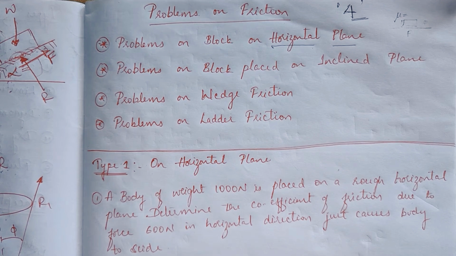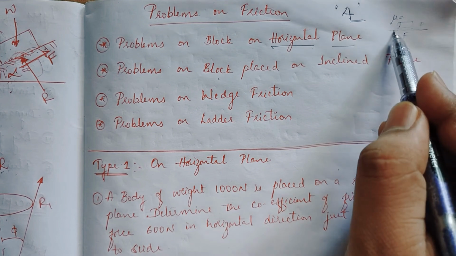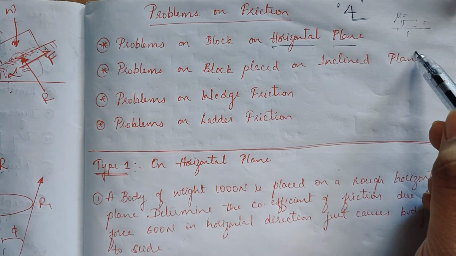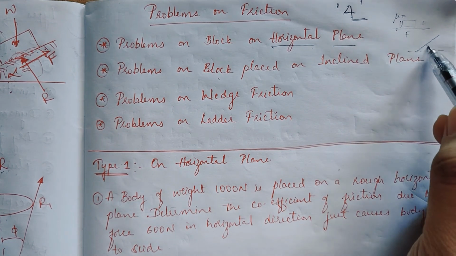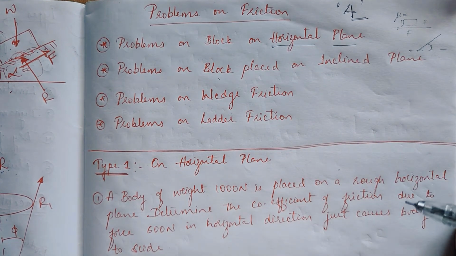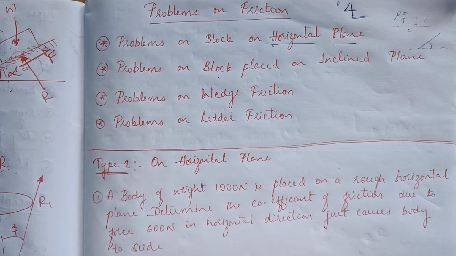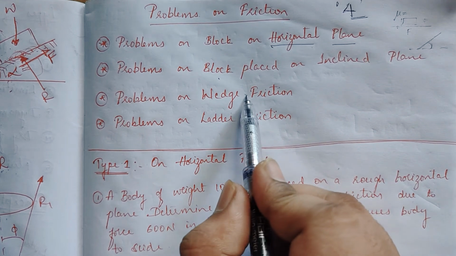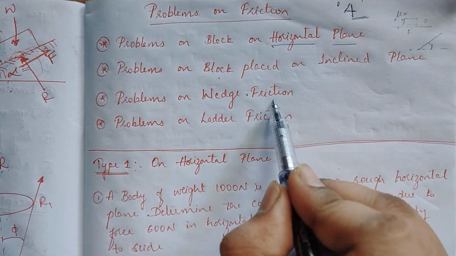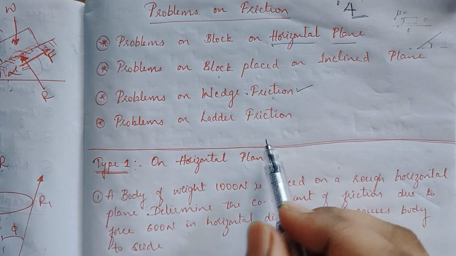Next, problems on a block placed on an inclined plane. When the horizontal plane is inclined to the horizontal at some angle, we have to find the resisting force or friction, the force P, which forces are acting, and so on. Another type is the wedge friction, which I'll explain when I come to that topic, and also problems on ladder friction.